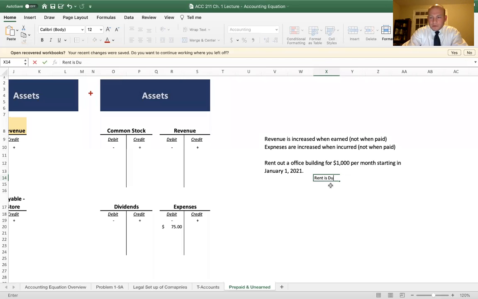The first month's rent is due on January 15th, and due on the 15th of each month going forward.